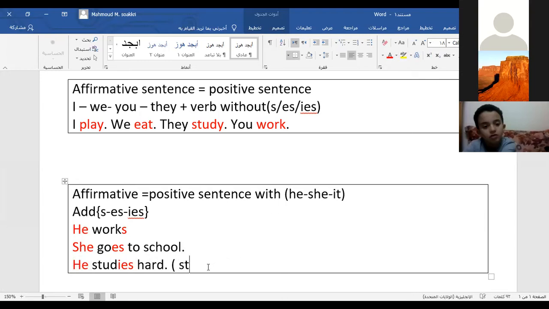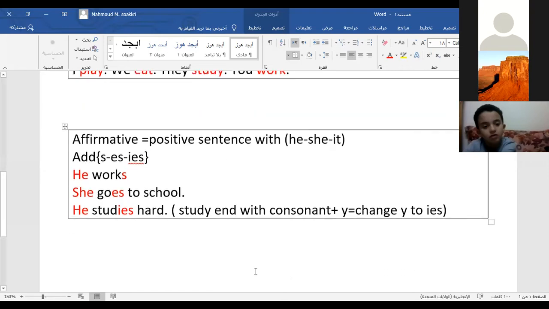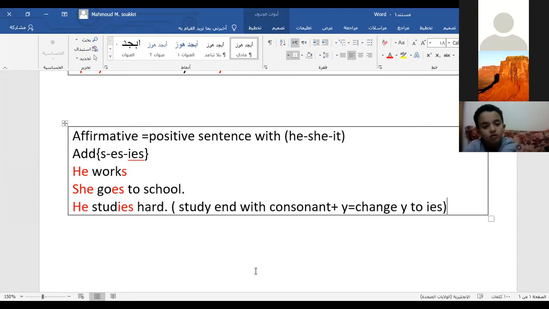Because study is a verb ends with consonant plus y. So change y to ies. Okay.